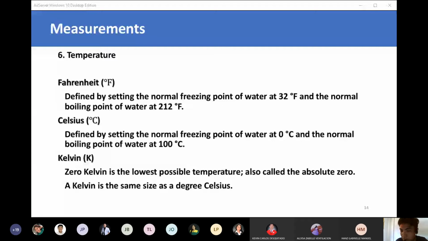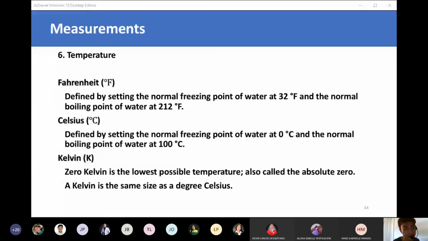But before that happened, there were two other definitions of temperature. There were three people in Europe who defined what temperature is, or how to measure temperature. First we begin with Fahrenheit.